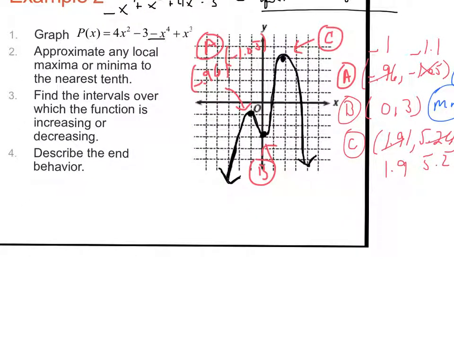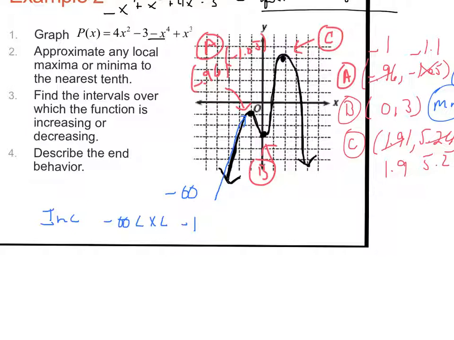Okay, so now let's do a little bit of our interval work. So we're going to start left to right. So I know that over here is negative infinity. So as I go from negative infinity up to point A, this is an increasing interval. So I am increasing from negative infinity all the way to negative 1, point A, the x value. So when my x's are between negative infinity and negative 1, the y values will be increasing as I go from left to right.